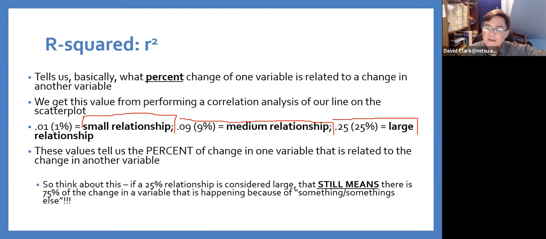So if we think about studying time being related to grade, and it's a large relationship at 25%, that still means that 75% might be related to a whole bunch of other stuff.